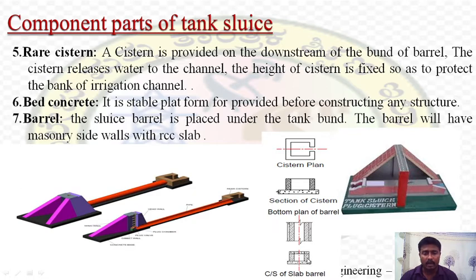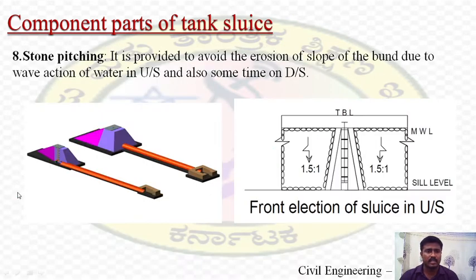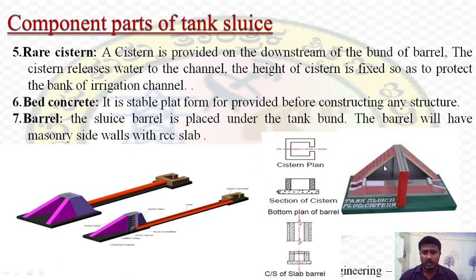Cover top side, a cover roof RCC slab should be provided. So next slide, stone pitching. Here in this view you have to observe, on the upstream side of an earthen bund, stone pitching should be provided.